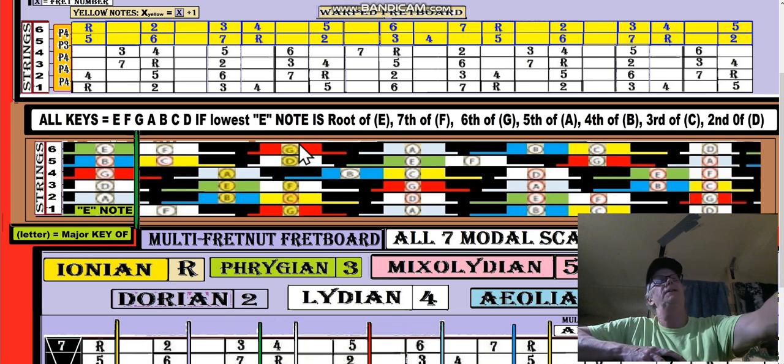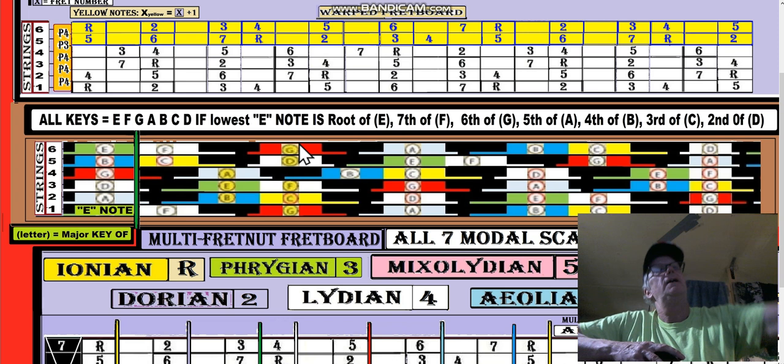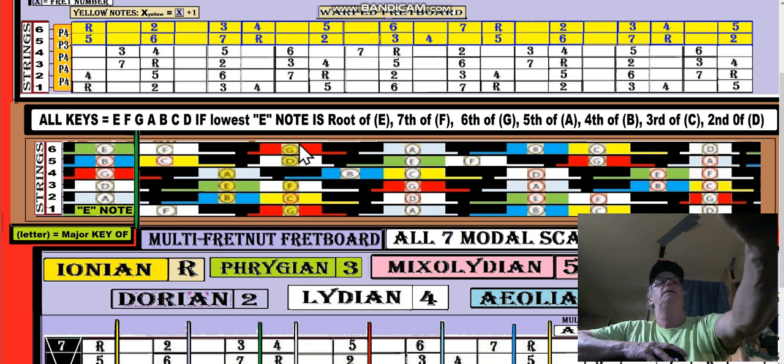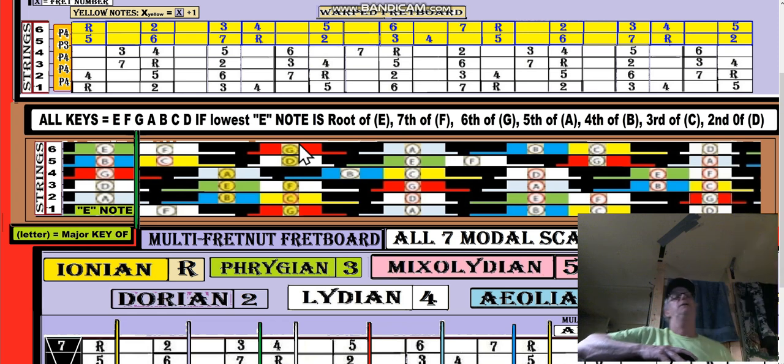Charleston goes to E. Okay. A lot of songs do this C to A thing. Anyway, these are old songs.